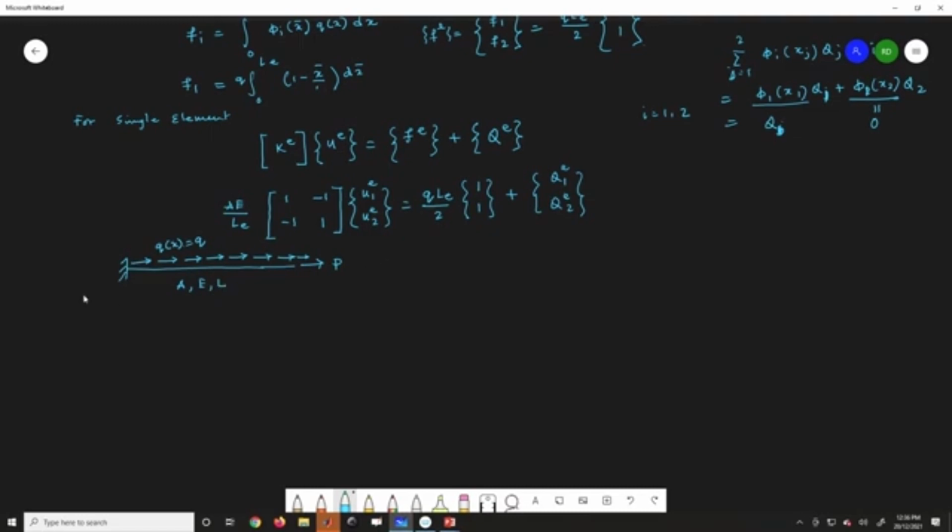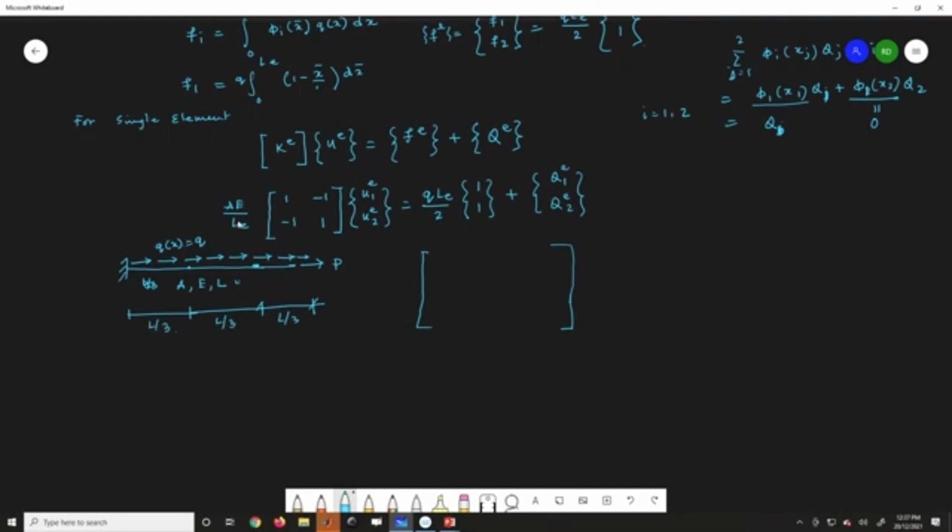Now simply, if we assemble it with 3 elements, my global stiffness matrix will look like this. If I take each element length the same, then this is L by 3, this is L by 3, and this is L by 3, which is computationally easy.